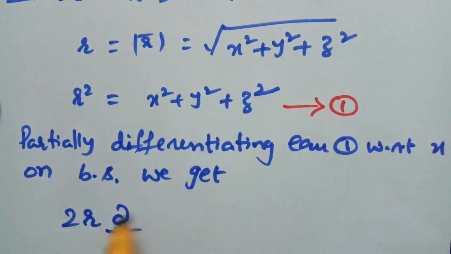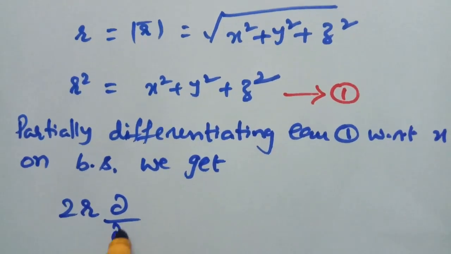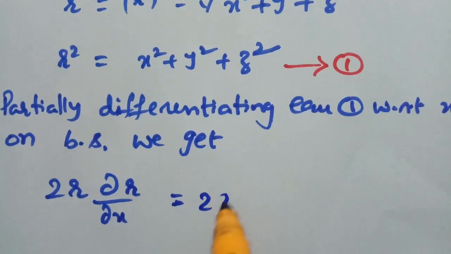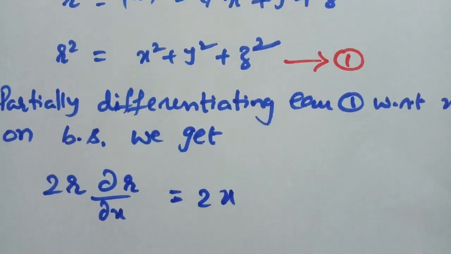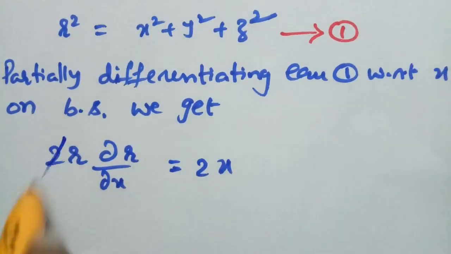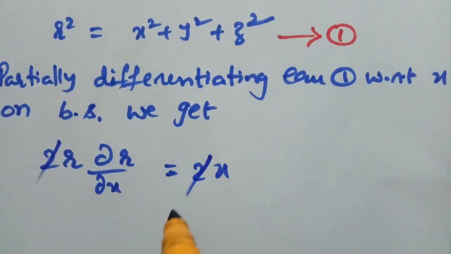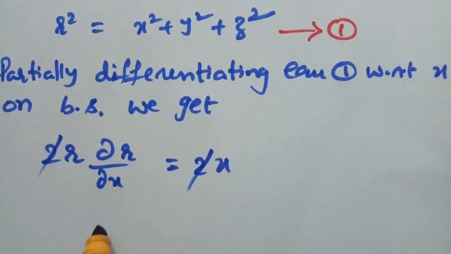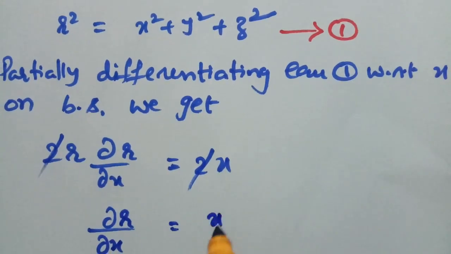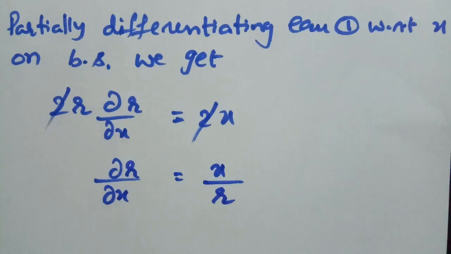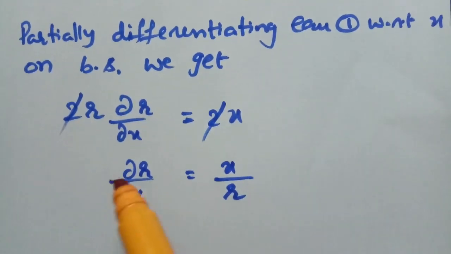Again, since r is a function of x, y and z, dou by dou x of r. Right hand side, x square derivative is 2x. Since y square, z square are constants, those derivatives become 0. Therefore 2 gets cancelled. By cross multiplication, dou by dou x of r is equal to x by r. Say this is equation number 2.